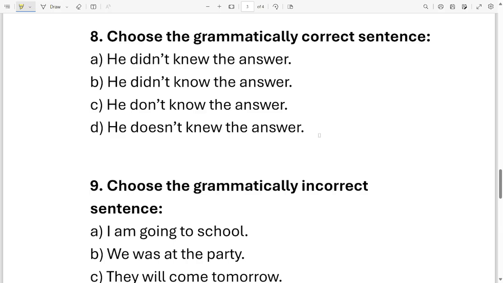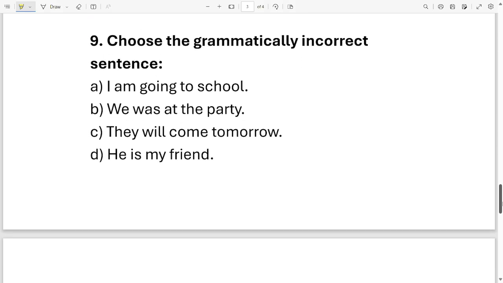Which sentence is grammatically correct? If your answer is option B, you're absolutely right. Well done. He didn't know the answer.